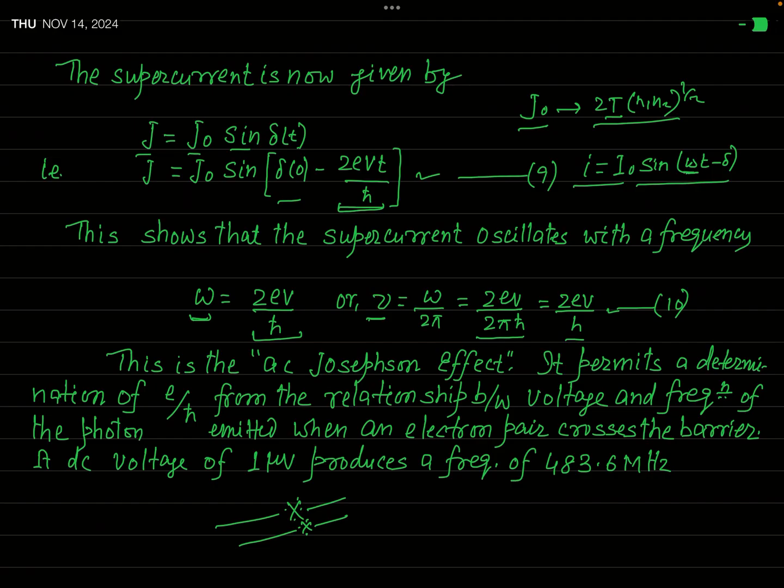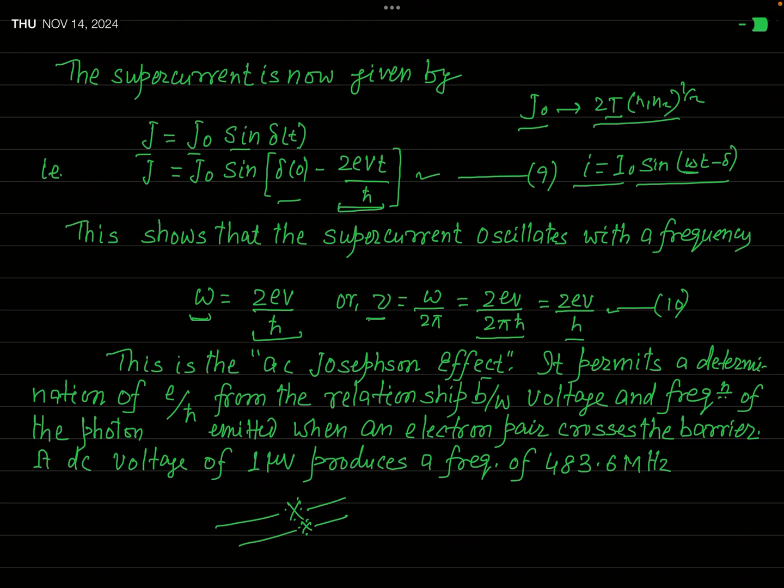In this way, we have explained how applying a DC voltage across the Josephson junction results in an alternating current, an alternating supercurrent, because it is constituted by the electron pairs, that is, the Cooper pairs. So this is the Josephson effect.